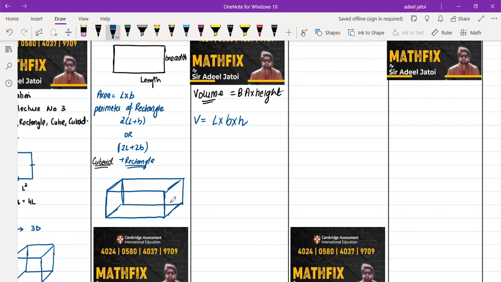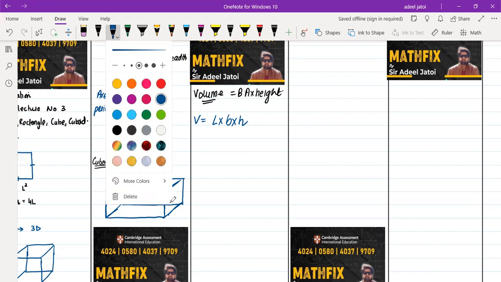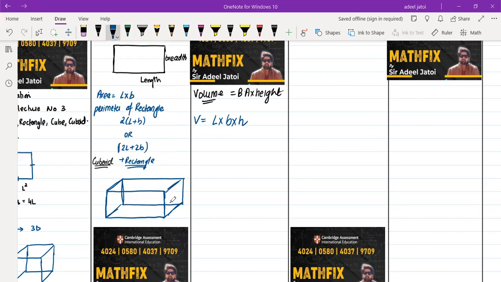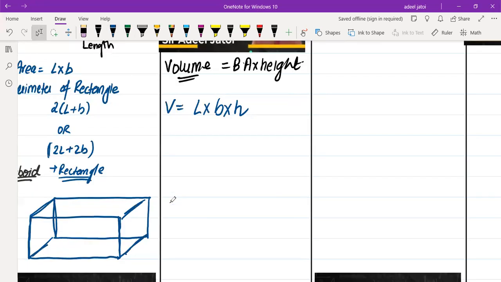Similarly, what you need to understand is the surface area, because now it's a 3D figure, and a 3D figure has a surface area as well. So the total surface area of a cuboid. Now, what is the surface area?